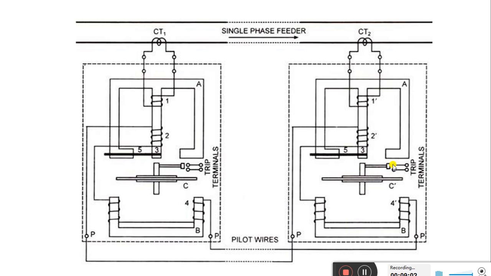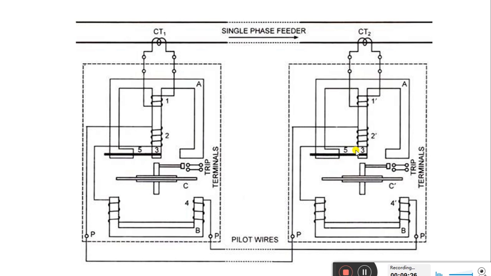So these are the trip coil connections. Once this trip coil connection gets closed, then the circuit will be extended to the trip device. So similar construction as this Translay replicates in this Translay system, and both systems are connected together.